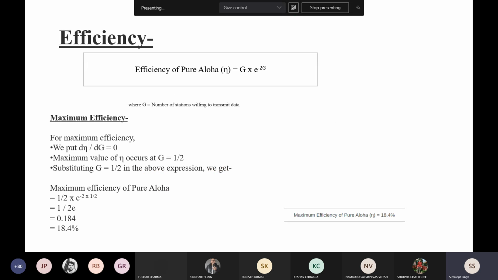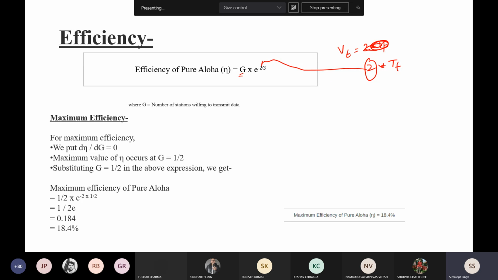Just wait a second. I was just finding the efficiency here. The efficiency formula of pure Aloha is given by G into e raised to the power minus 2G. If you remember, the vulnerable time is given by 2 into TP here. Sorry, 2 into TT here. So this 2 is from this particular formula. If you want to look at the derivation of this formula, you can easily go ahead and look at any site.